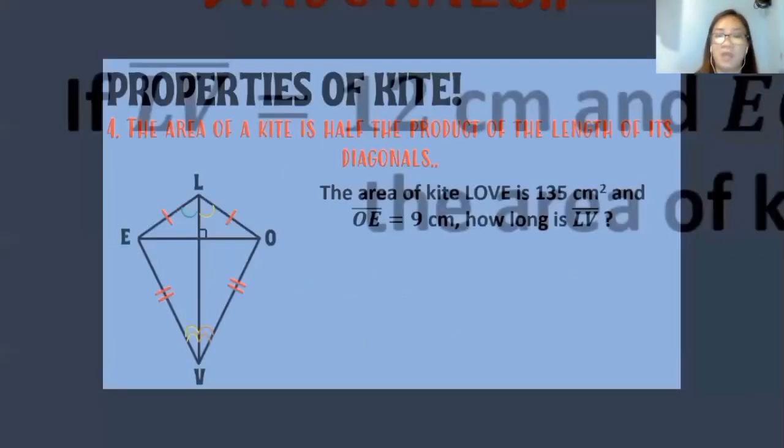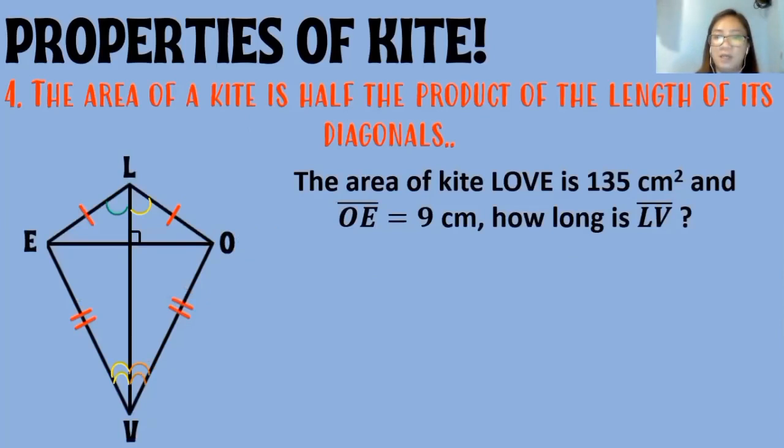Another one. The area of a kite LOVE is 135 centimeters square, and OE, which is one of the diagonals, is equal to 9 centimeters. How long is LV? So the missing value is one of the diagonals, and the given is the area and one of the diagonals. You can still use the same formula for the area of a kite.